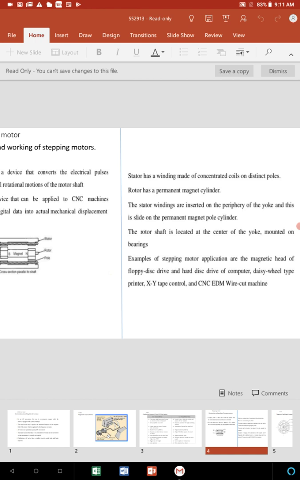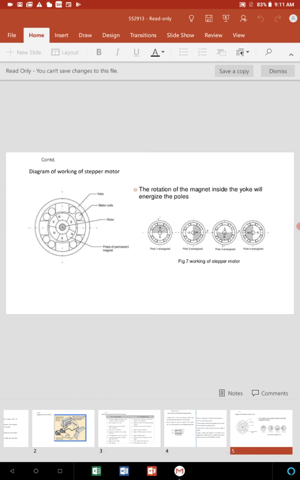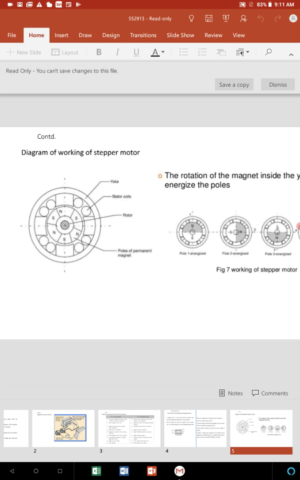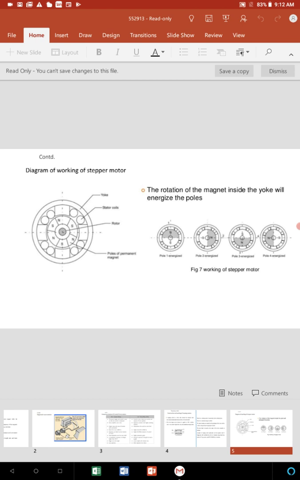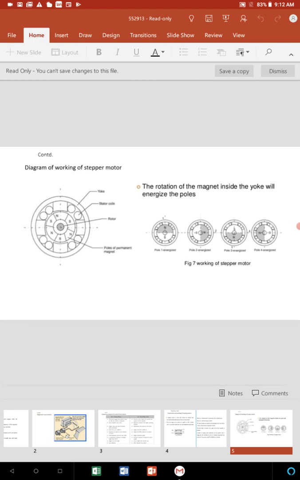In the diagram you can see here the rotation of the magnet inside the yoke, which energizes the pole.